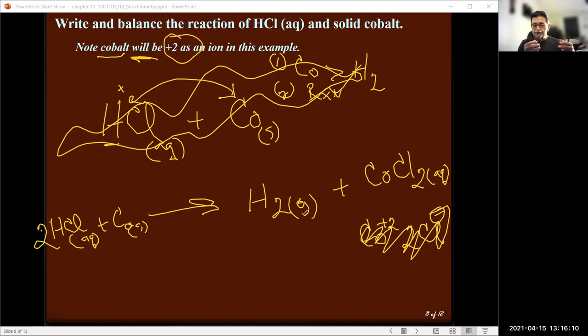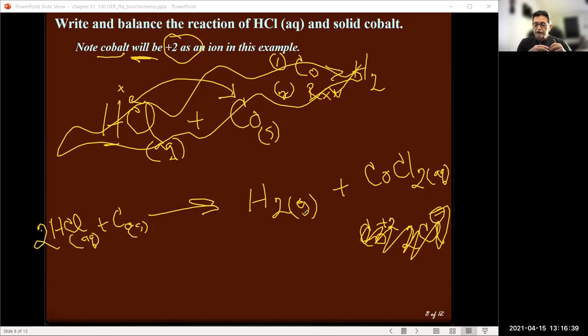So we went through the series to determine who's more reactive, cobalt or hydrogen. Cobalt's more reactive. Is cobalt in the ionic form? No. Therefore, a reaction occurs. We simply replace the hydrogen with the cobalt. So the hydrogen, which starts off with a +1 charge as a proton, goes back to elemental form, which is H2 gas.